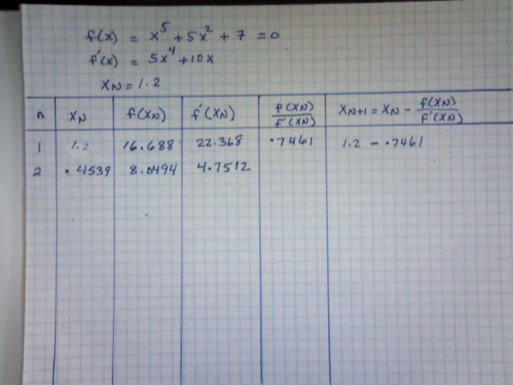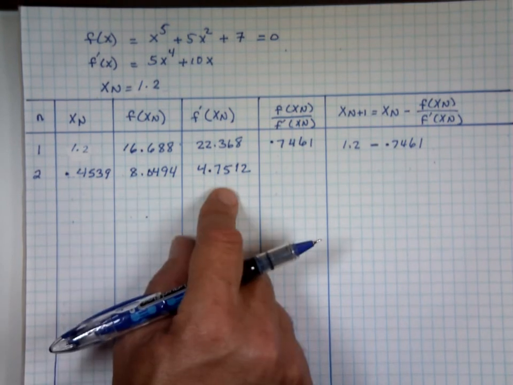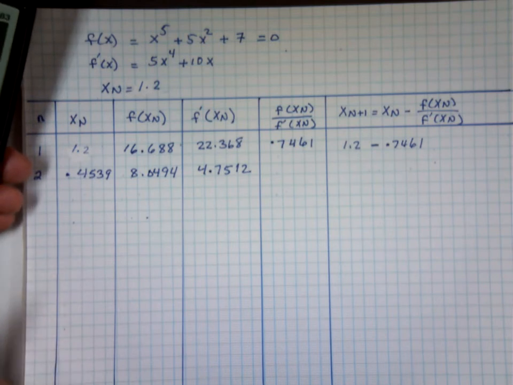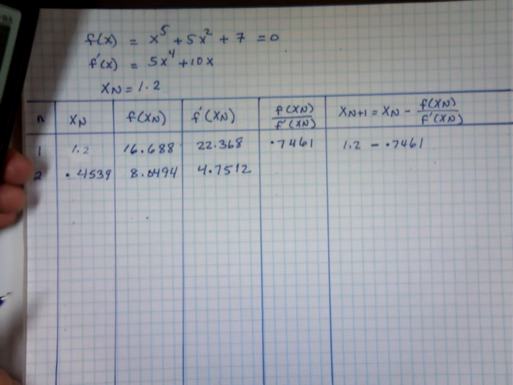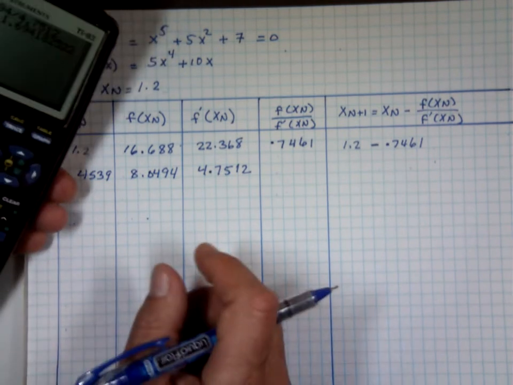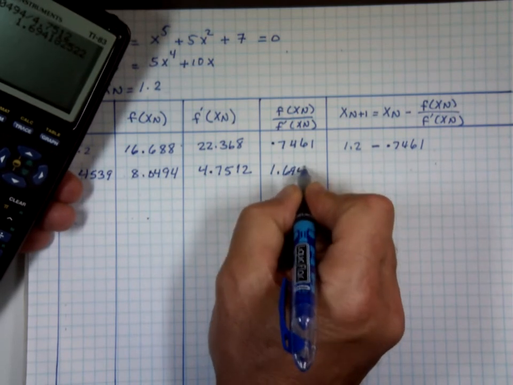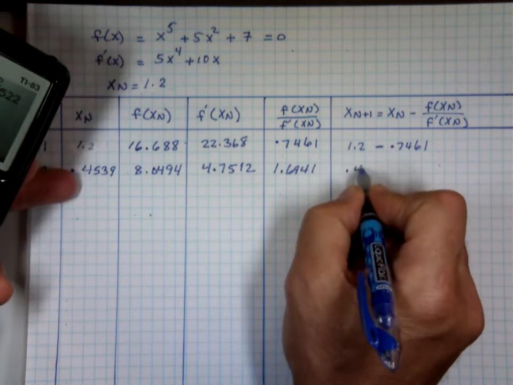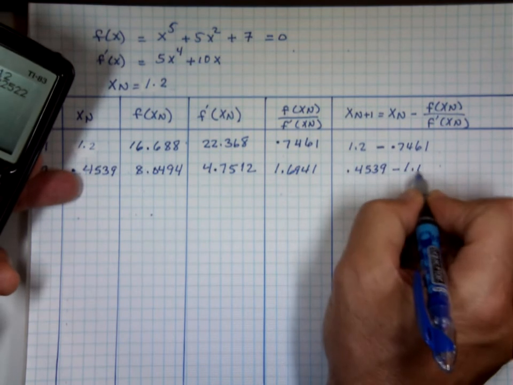Divide this by this. 8.0494 divided by 4.7512 is 1.691. Now the next value is going to be 0.4539 minus 1.6941.